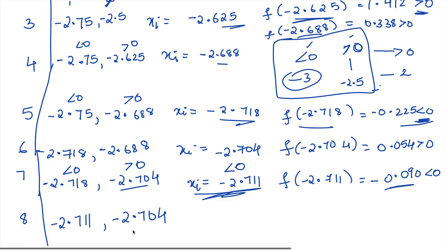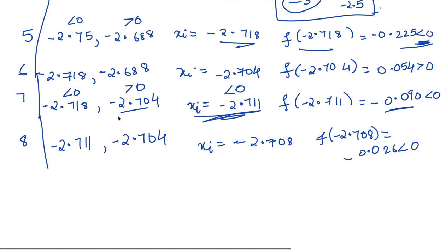Now our root should lie between minus 2.711 and minus 2.704. Now what is xi? Minus 2.711 plus minus 2.704 divided by 2, which is minus 2.708. F of minus 2.708 is equal to minus 0.026, which is less than 0.